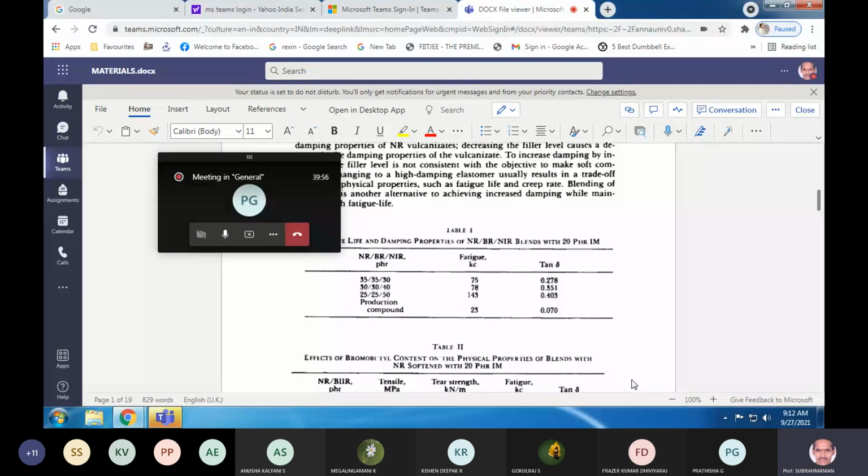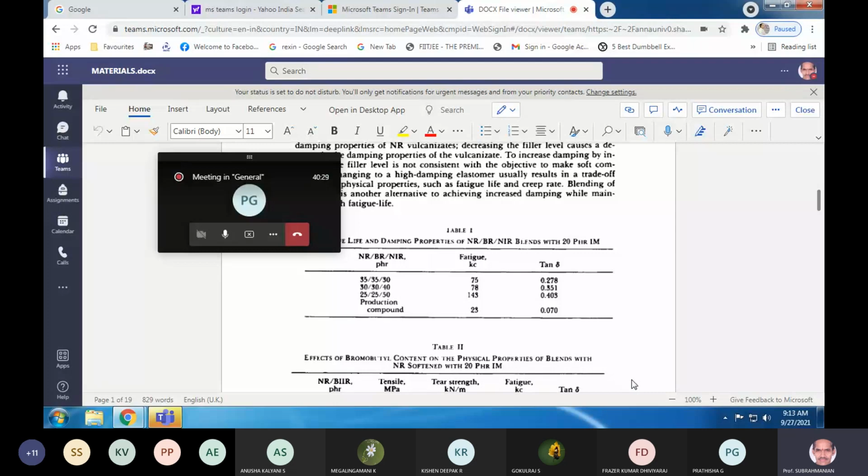Rubber blends are very common because from a single rubber, attaining the best set of properties is not that easy. So the compound designer looks at blending.